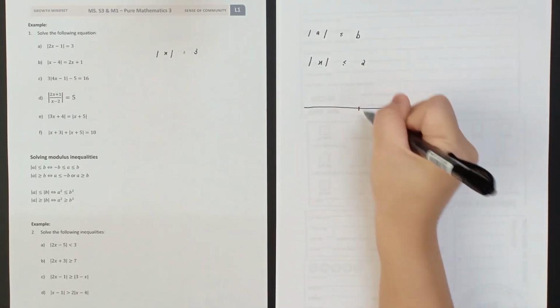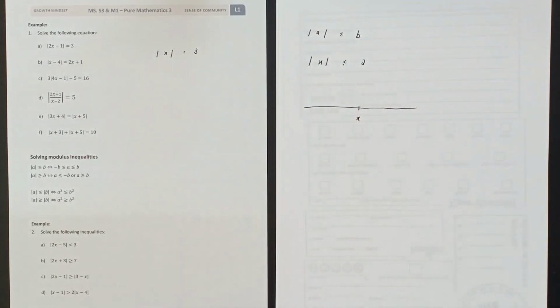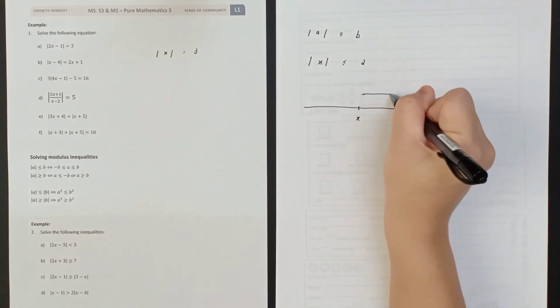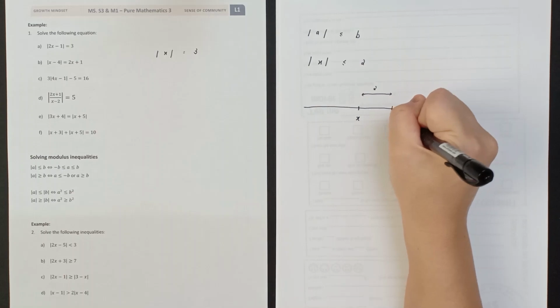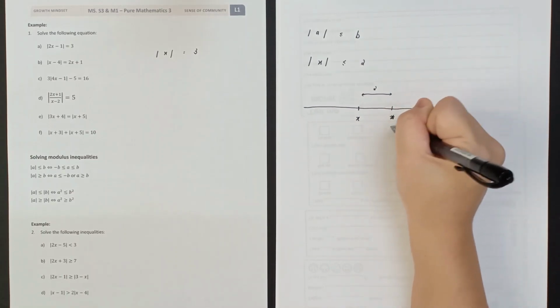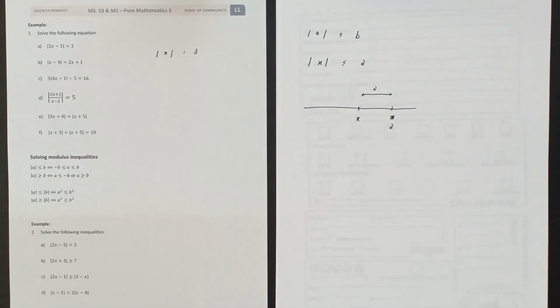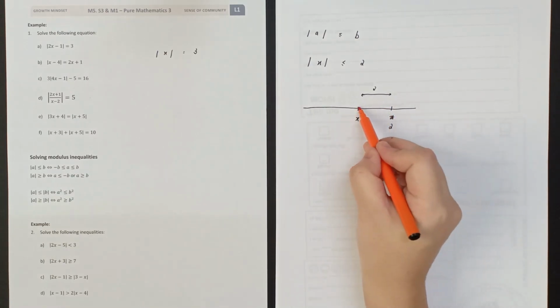This is x. So magnitude of x lesser than 2 means the point should have a distance lesser than 2, correct? If this is 2, then this is x, this is 2. Then definitely this is the area that you can accept, correct?